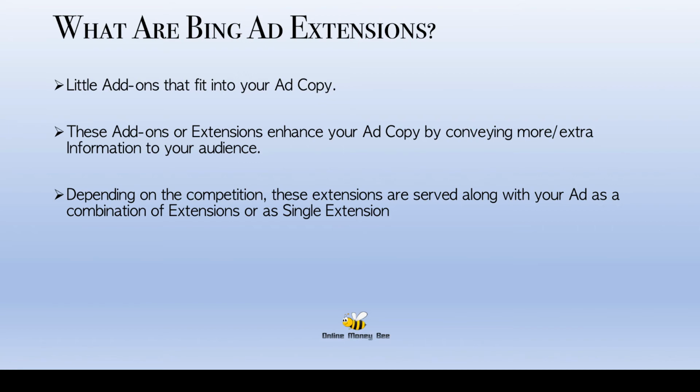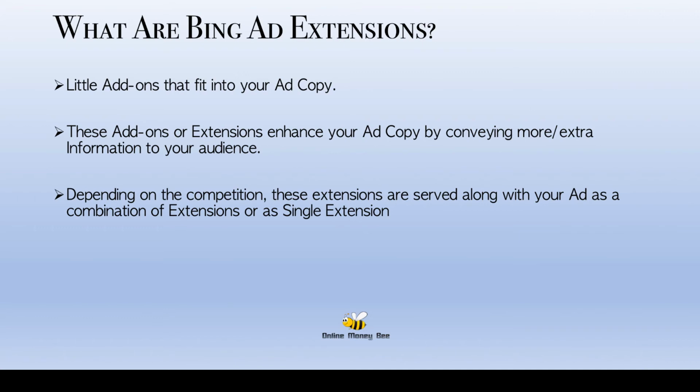Even though we all have the same restrictions in terms of adding titles, like title 1 and title 2 with restricted lengths, and the ad descriptions, you can still see some of these ads showing extra links to their pages, or maybe an extra description that they would like to highlight about their products, or even sometimes a mobile number through which you can call the clients directly from the search results. Some of them even show the directions to their offices right on the search screen. These are all the little snippets that come along with your ad and are called ad extensions.